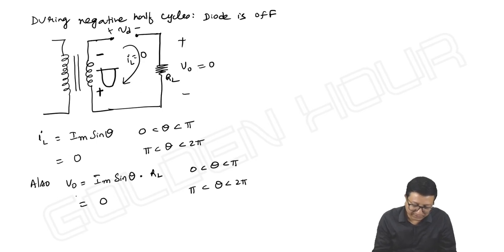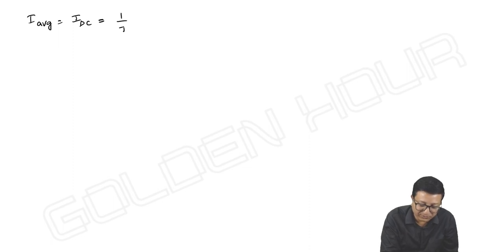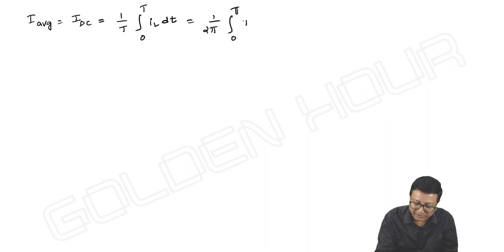Now let us find IDC, the average value or the DC component of the load current. It is 1 by T integral 0 to T of IL dt, which is 1 by 2 pi, since 2 pi is the period, integral 0 to pi of Im sin theta d theta plus from pi to 2 pi it is 0 d theta.